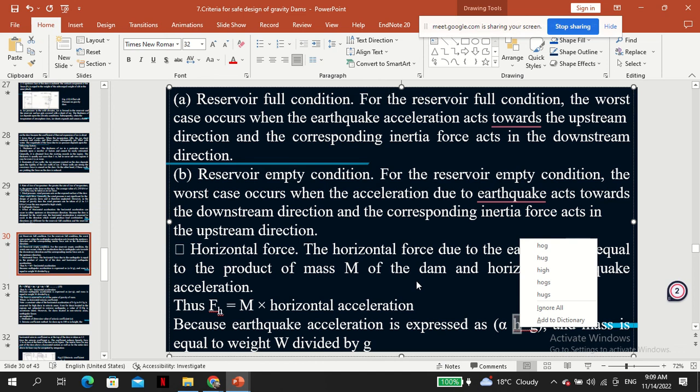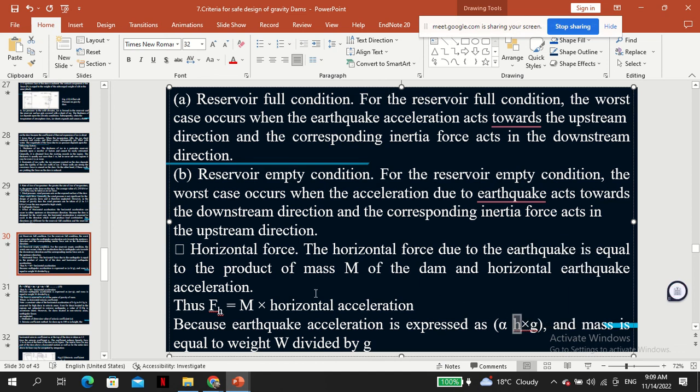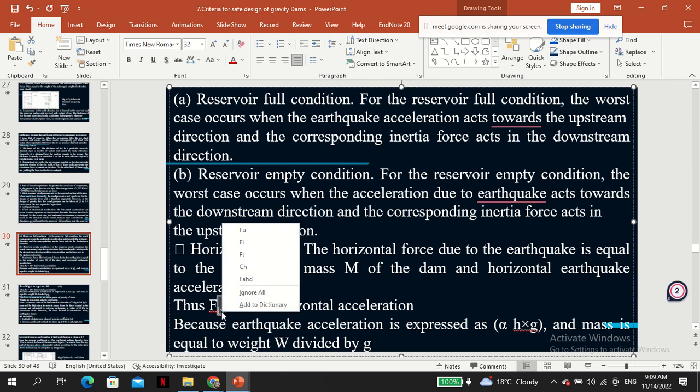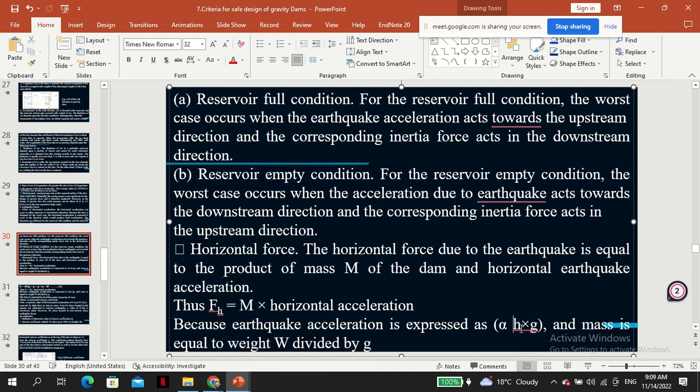There is a structural course where you do something like this. So the horizontal force is the mass times the horizontal acceleration.